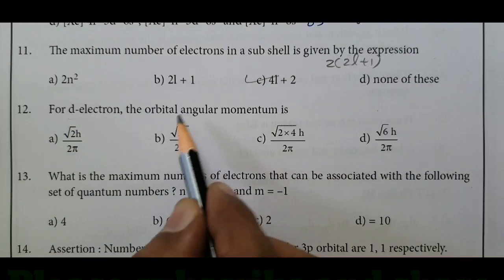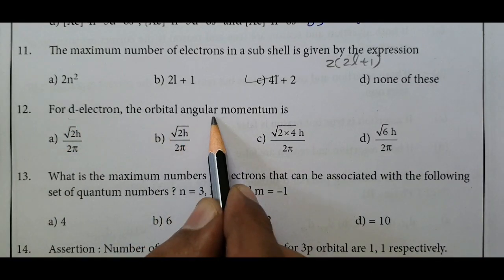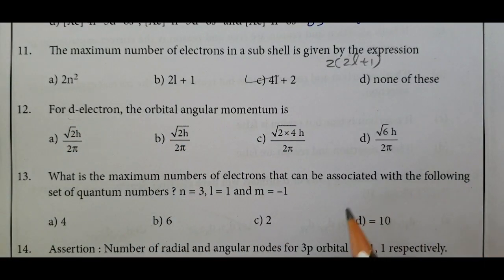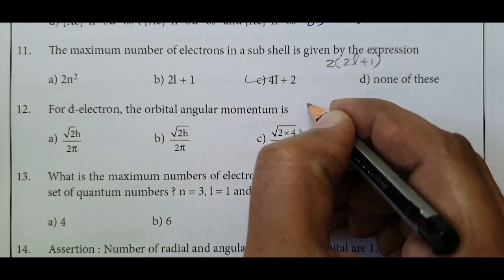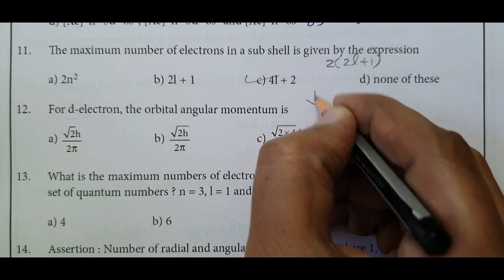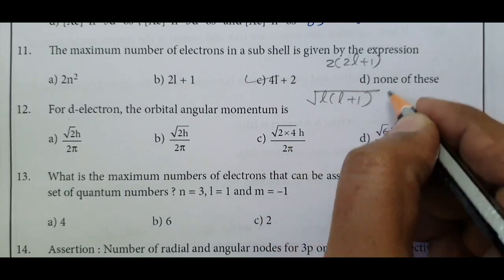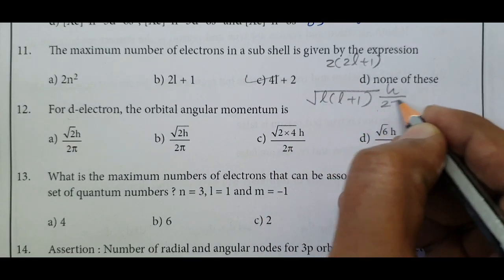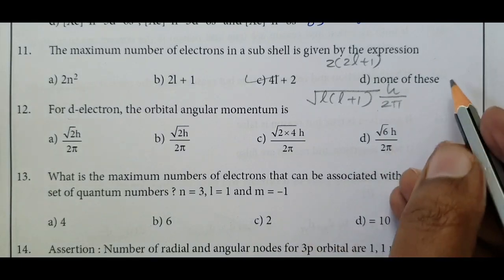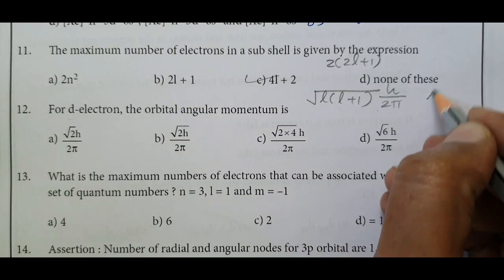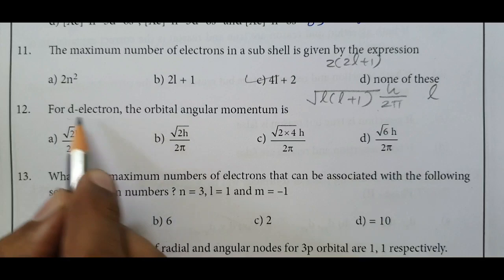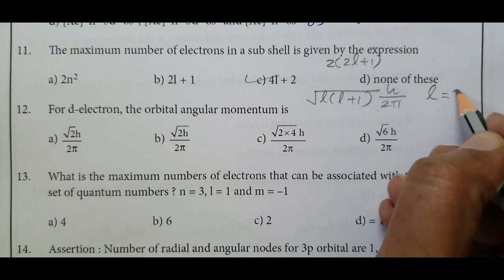For a d electron, what is the orbital angular momentum formula? Root of l into l plus 1, h by 2 pi. This is the formula. We know for a d electron, l value equal to 2.